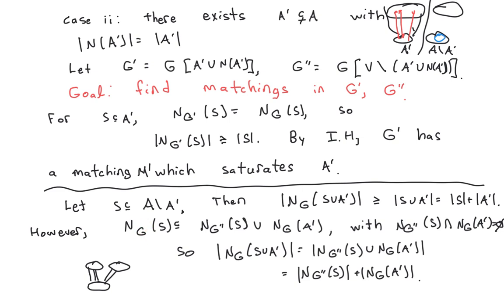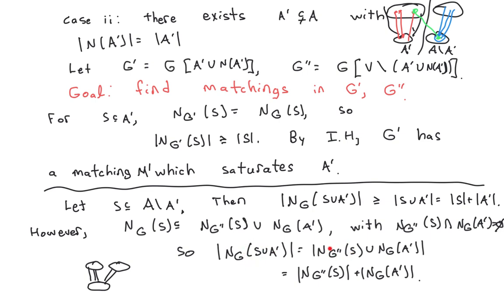Let's look at the neighborhood in G of S. There are two possible types of edges in the original graph. There are the kind we want that stay on the right, and then there's the kind we don't want, which cross over. So you can separate this neighborhood into two parts.